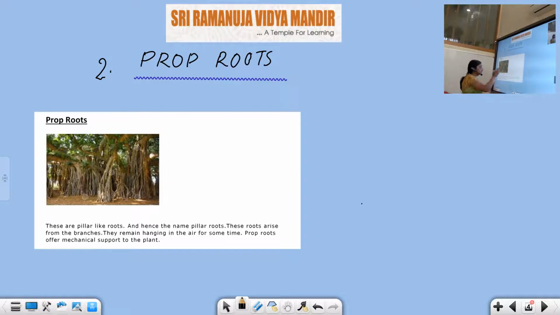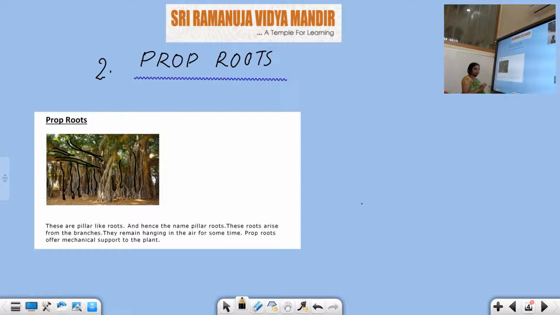Here you can observe that this is the banyan tree. These are the branches of the stem, and from these aerial branches, roots arise. Several roots are coming from these branches. First they hang in the air. Later on they fix themselves to the ground soil.